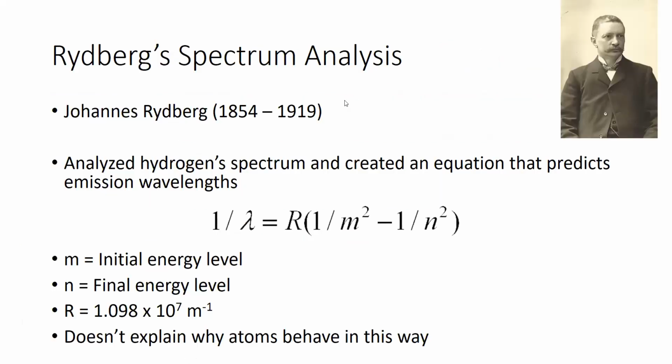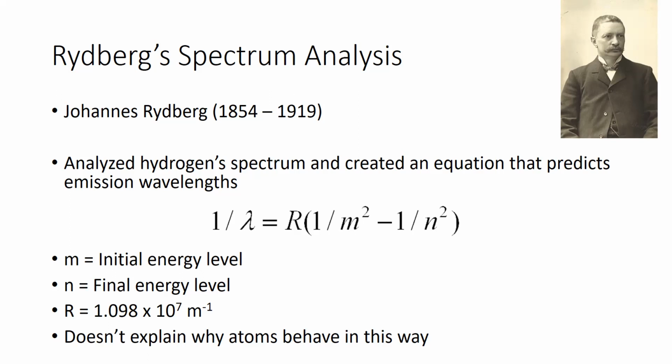And to describe this phenomenon for hydrogen, Rydberg created an equation. He was able to determine for hydrogen what wavelengths of light should be absorbed and emitted, and he related that to energy levels.